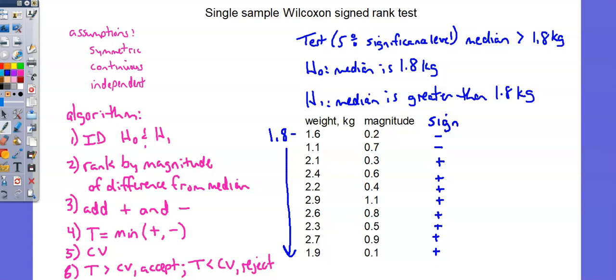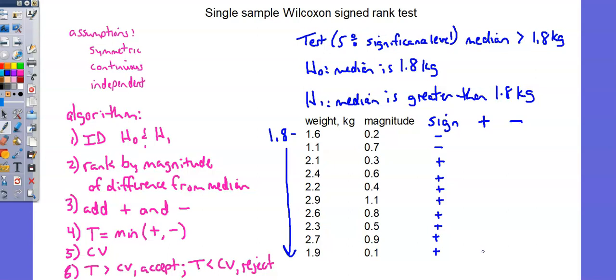Now I want to identify which magnitude values relate to positive differences and which relate to negative differences. I'm writing the ranking in those columns. Starting from the smallest magnitude, 0.1 at the very bottom, that has a ranking of 1.